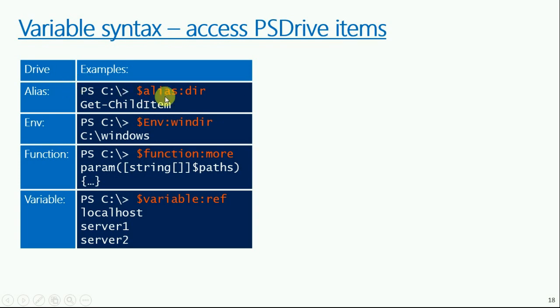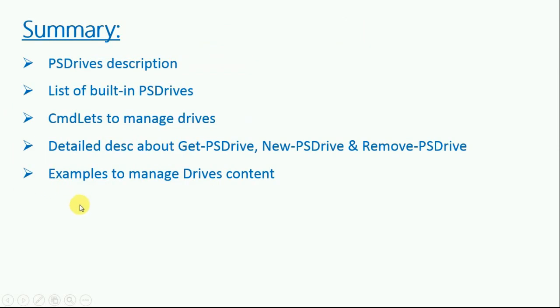If you want to fetch the value of some particular key, you just have to use the drive, and after that, under that drive, you specify a particular variable, so automatically you will get the value inside that variable. You can get it for alias, environment, function or variable.